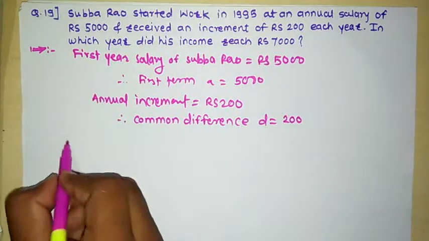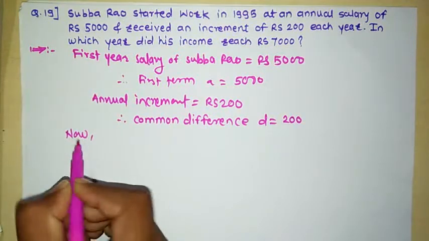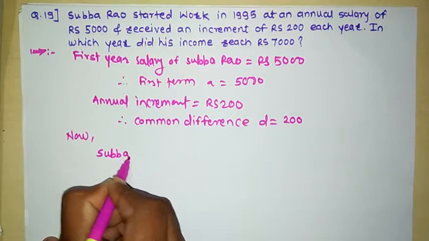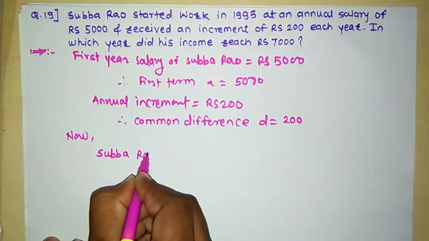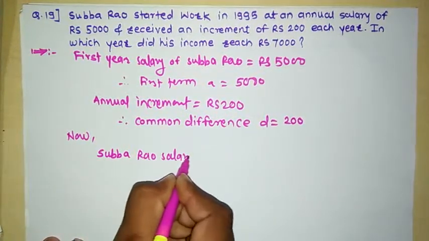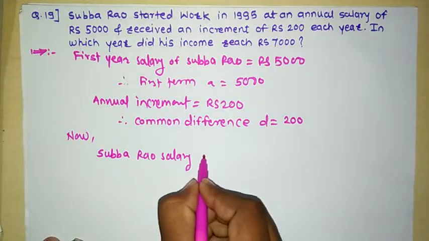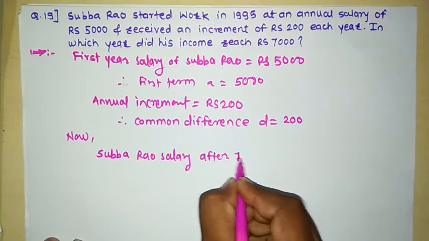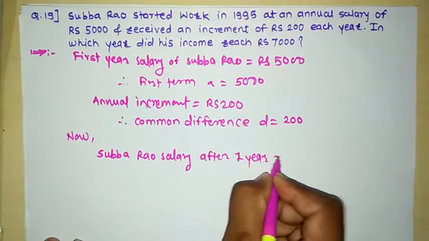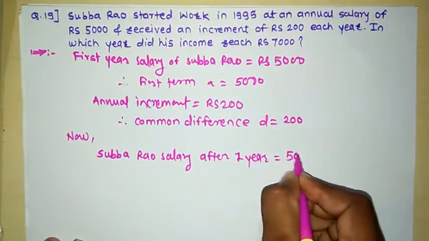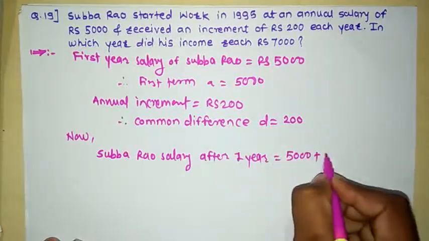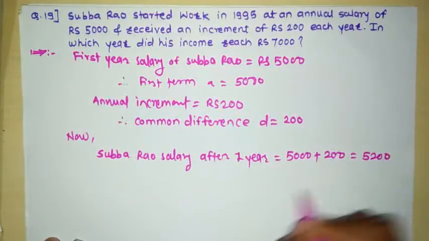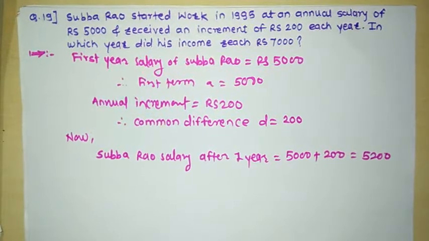Now Subbarao's salary after 1 year is equal to 5000 plus the common difference 200, that is 5200 rupees.